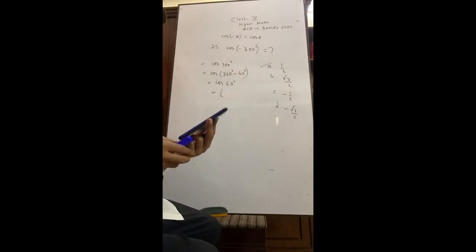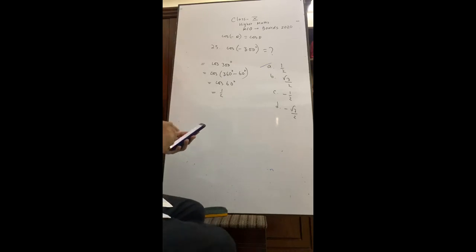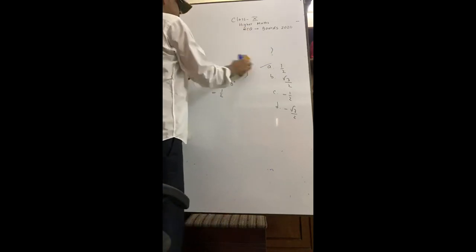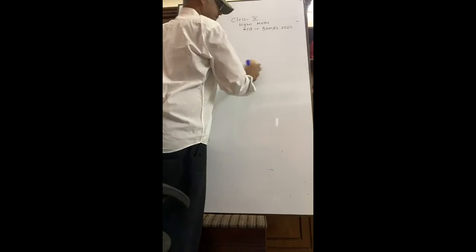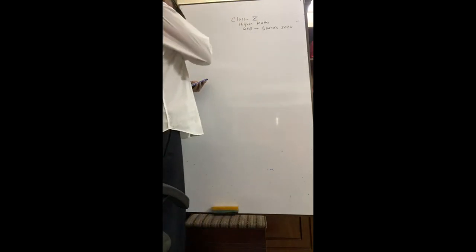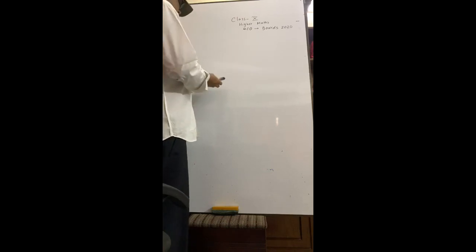Now, a very important question is to be given to you now. Just try to understand. That is, for the real numbers P, Q, R, question number 21.